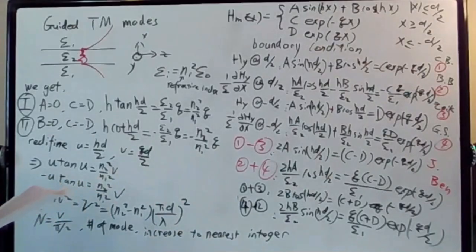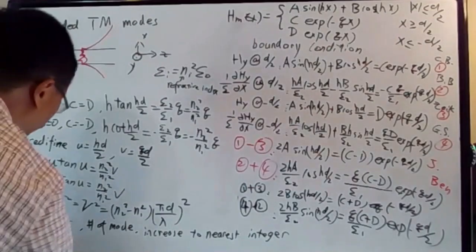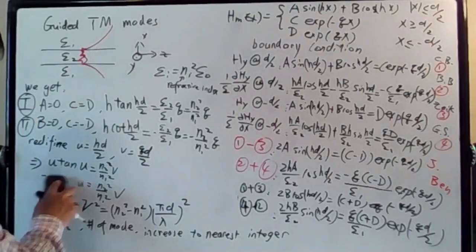And the line above that, is the right-hand side the same in both of those two lines, u tan u and minus u tan u? Thank you for pointing that out. It's the cotangent u.